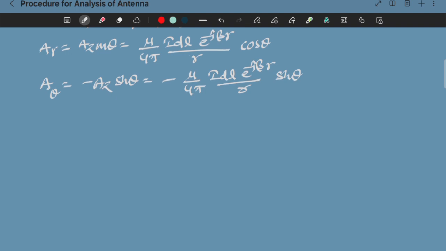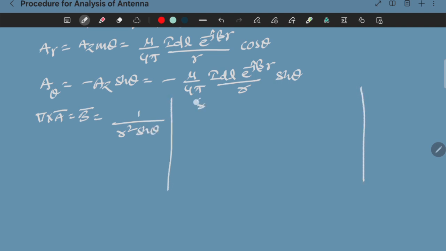Okay. Now, as per procedure, we need to perform the curl operation for A bar to get B bar. That is equal to, in the spherical coordinate system, the curl operation formula is 1 by r square sin theta. Take the determinant. Here r cap is there, r theta cap, and then r sin theta phi cap.